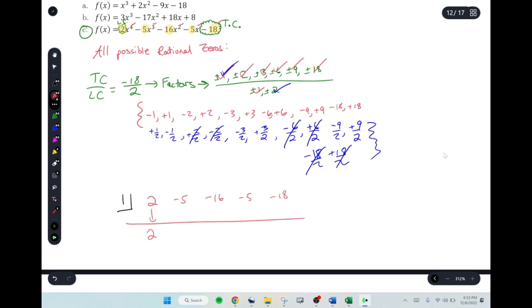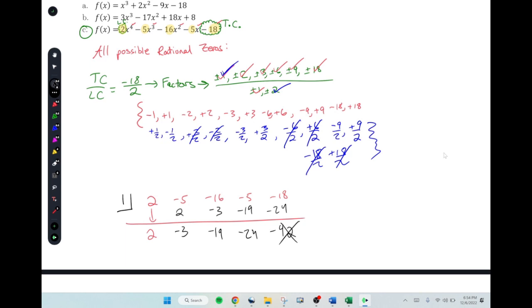Drop down the 2. 2. Negative 3. Negative 3. Negative 19. Negative 19. Holy moly, this is going downhill quickly. Negative 24. Negative 24. Negative big number, right? Negative 30. Negative 42. That's not 0. That's not our answer.